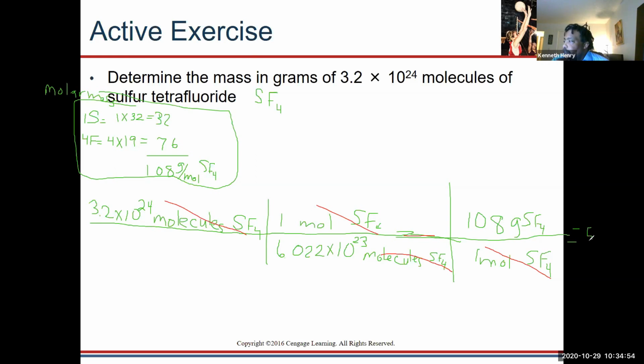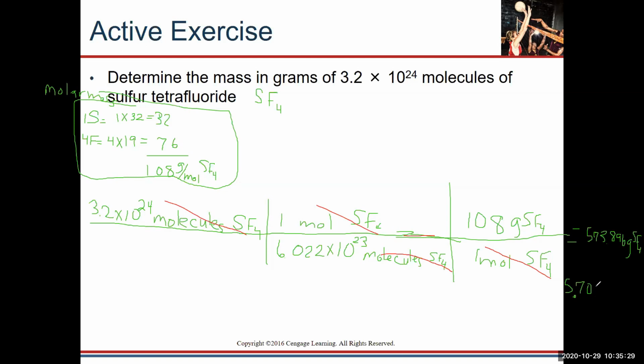So if I have 573.896 grams, what will my final answer be? 5.7 times 10 to the 23?